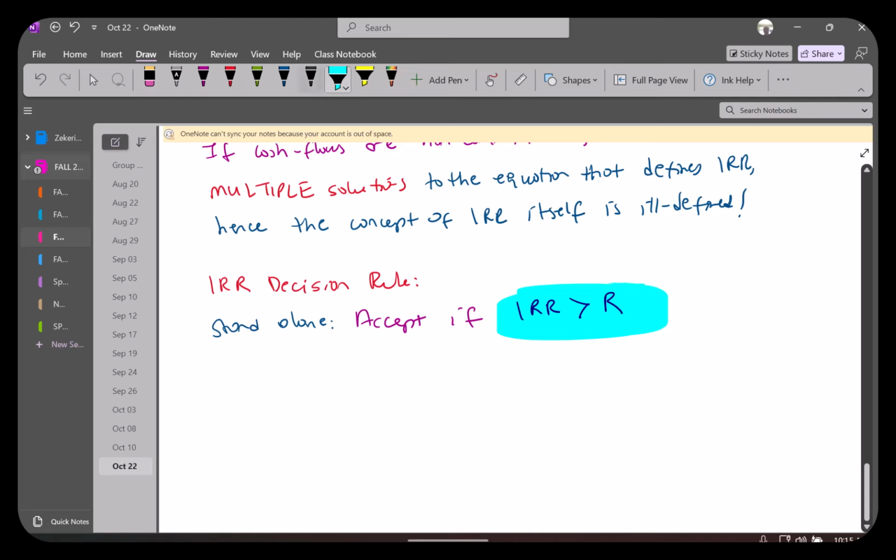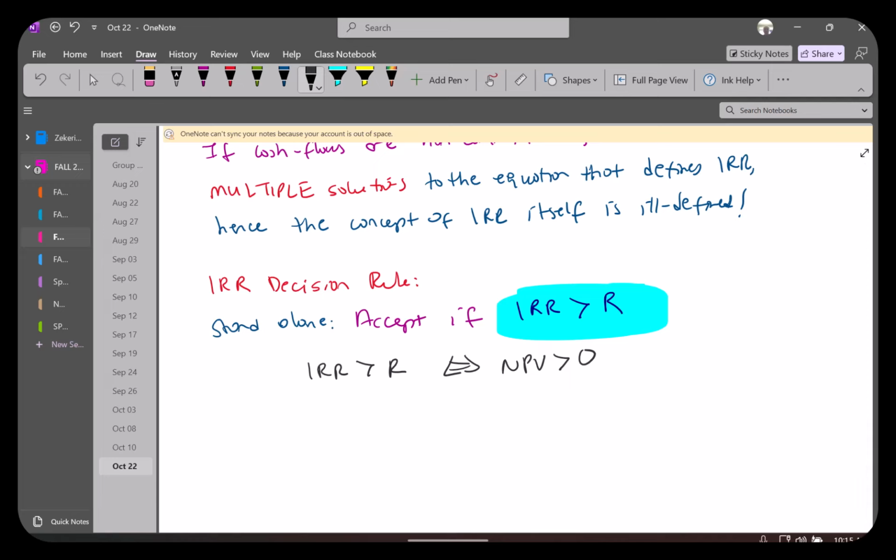In fact, in such cases, IRR being greater than cost of capital necessarily implies NPV is positive. And if NPV is positive, IRR is greater than your cost of capital.